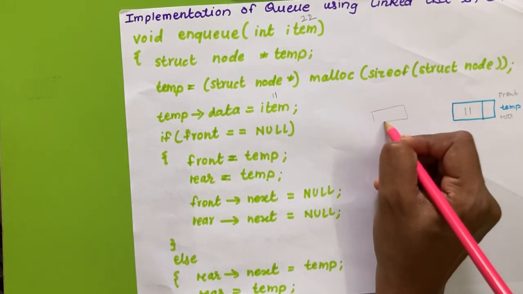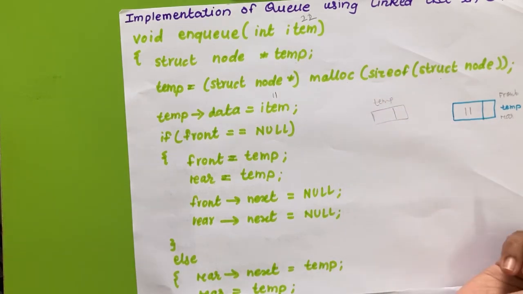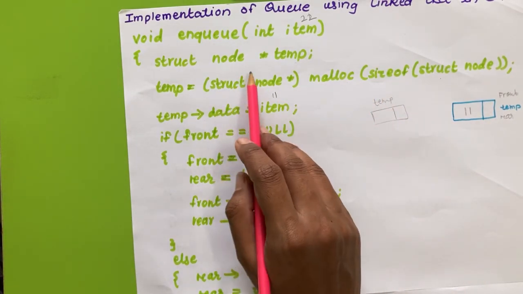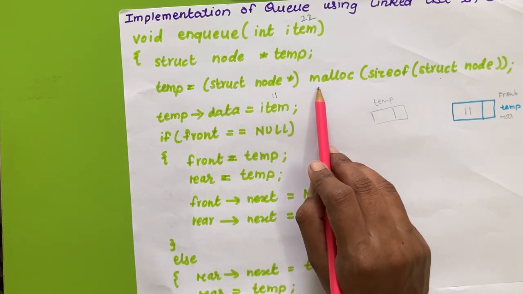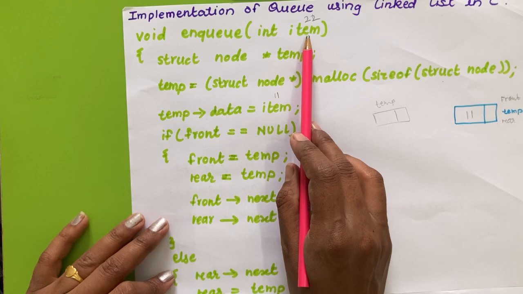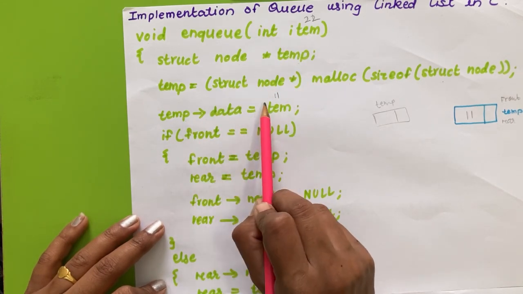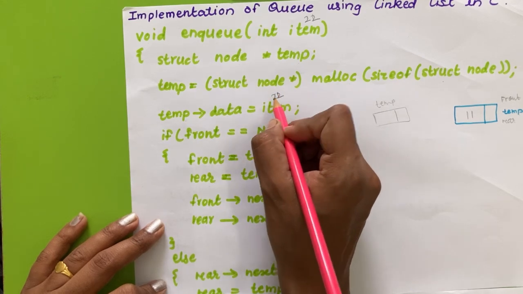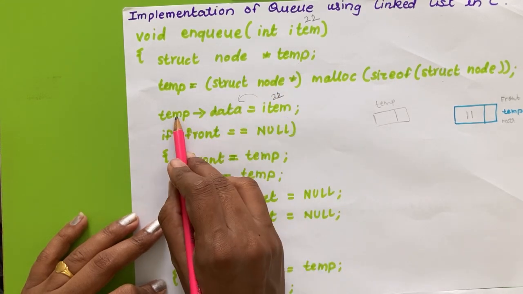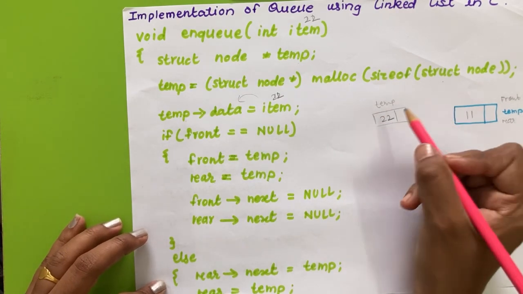In memory we have created one more temporary node and we will allocate memory to this temporary node by using malloc. Now again I want to make a copy of item to temp->data, so now 22 will get copied in this new temp->data. So 22 will get assigned over here.